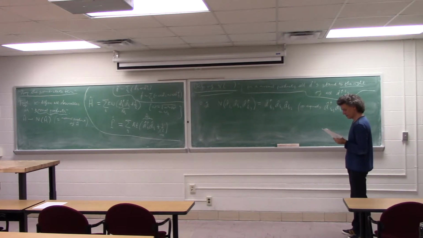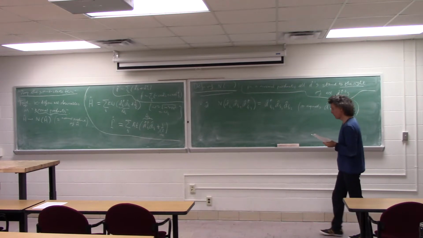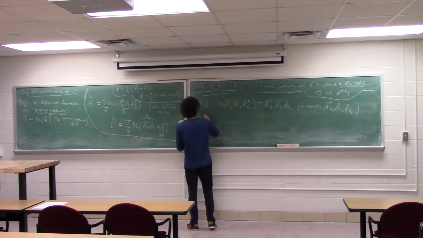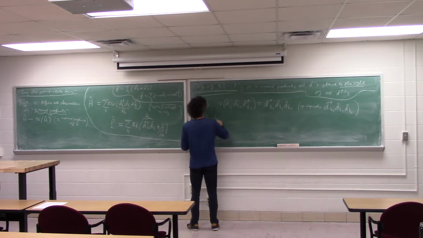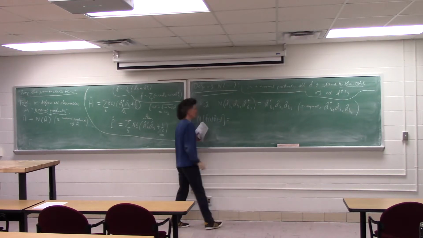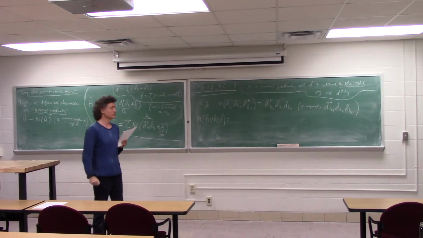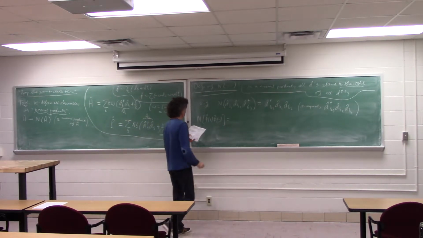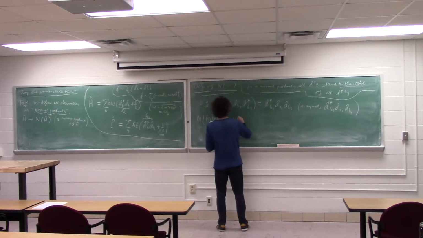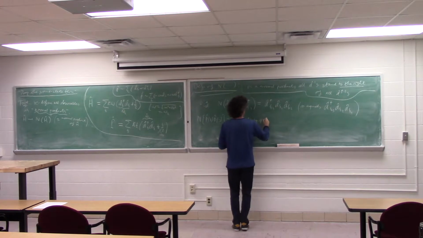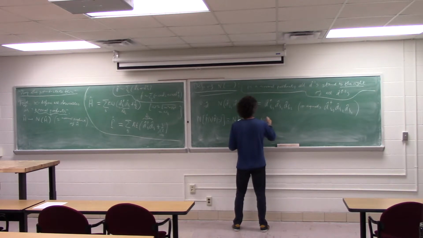Something that will come up quite a lot later, especially when we do the interacting quantum field theory, is that it will be useful to write down a normal product of a product of two field operators at different points in space-time. We write this in terms of the positive and negative frequency parts.